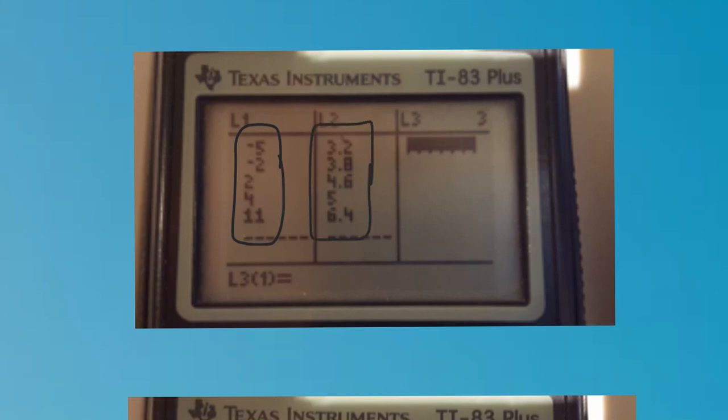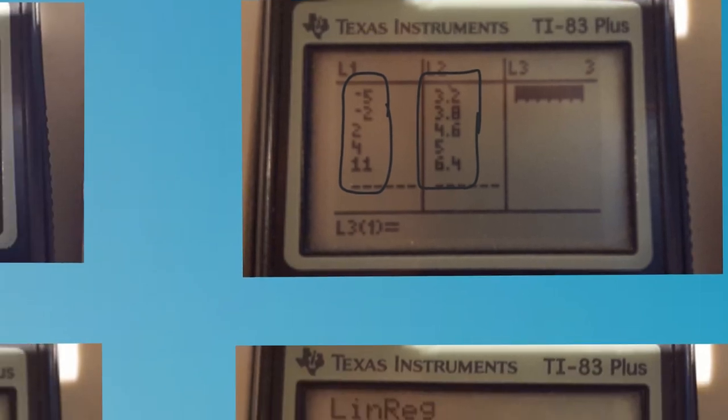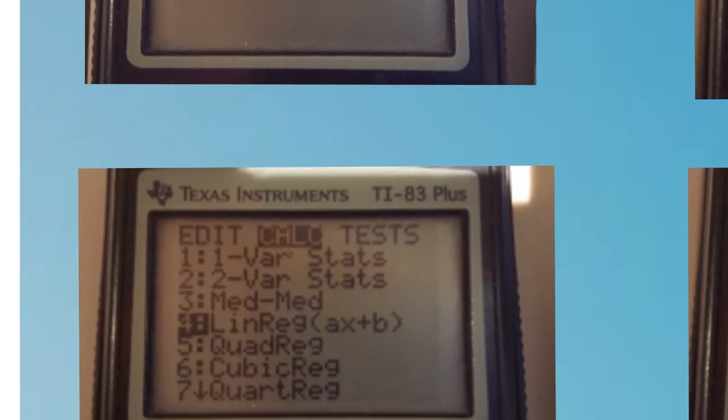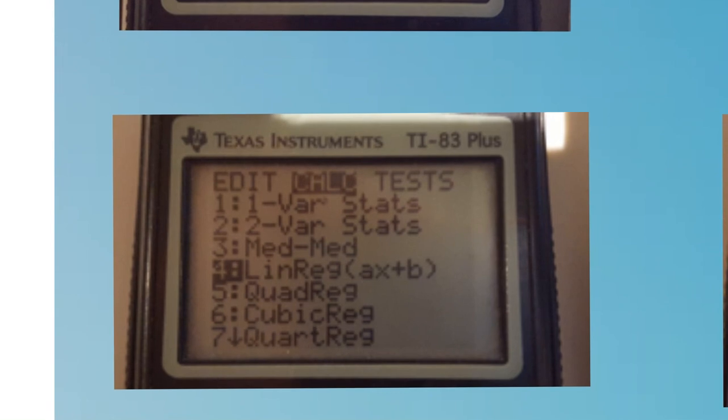And then once you've done that, you're going to press the stat button again. From there, you're going to move to the right to get to calc. And then from calc, you're going to select the fourth option that says linear regression. What that does is it gives us the table of values as an equation of ax plus b.